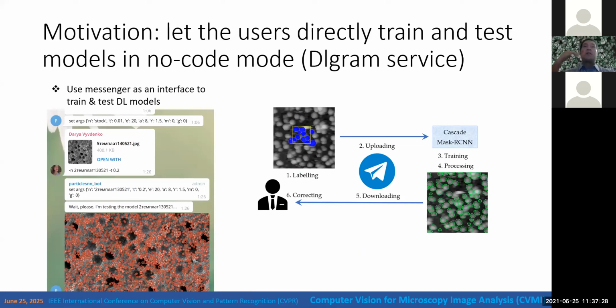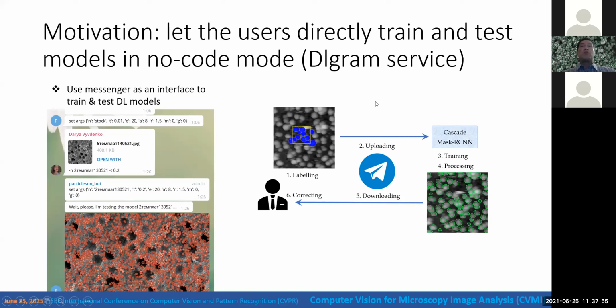However, we implemented this as a no-code service for researchers, where they can annotate using a graphical annotating tool, LabelMe, annotate on the desktop, then send a message to a messenger, and after that, a bot trains the neural network and produces results on the same image.